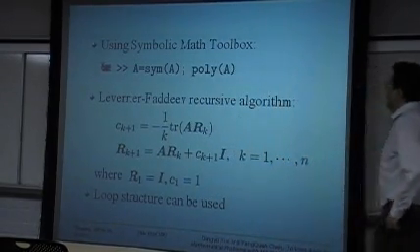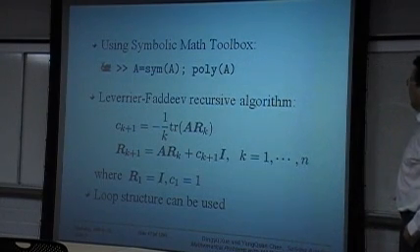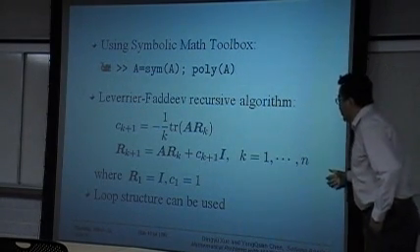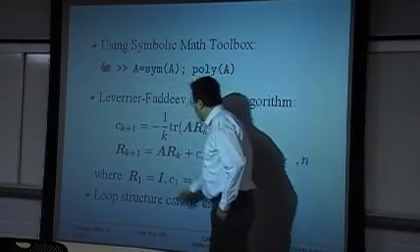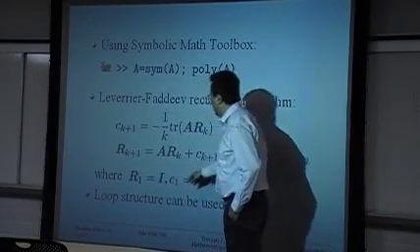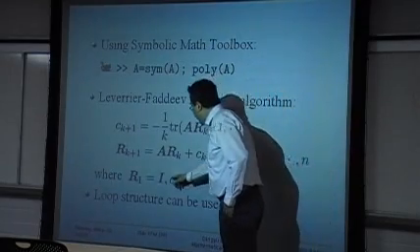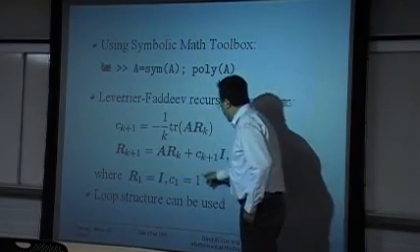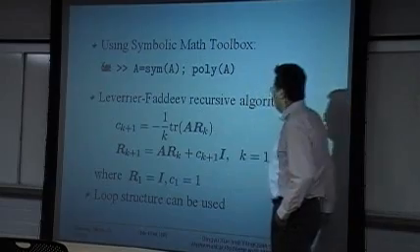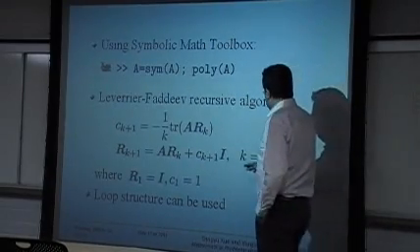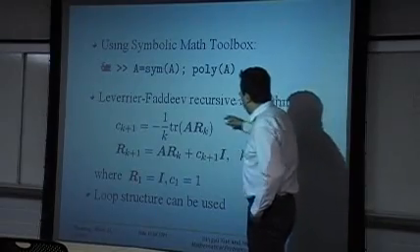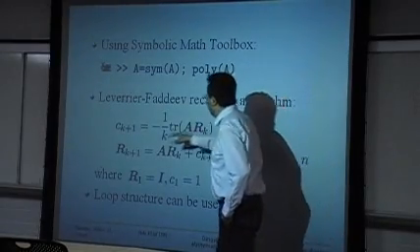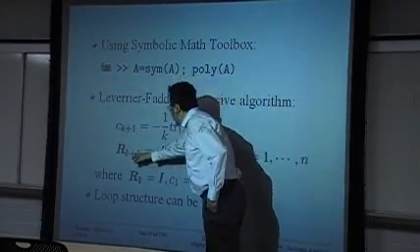It is a recursive algorithm. To use the algorithm, first we have to define that R1 is the identity matrix and C1, which is the coefficient of the polynomial, is 1. And then if we go back to this formula, we will see that we can find C2 and R2.